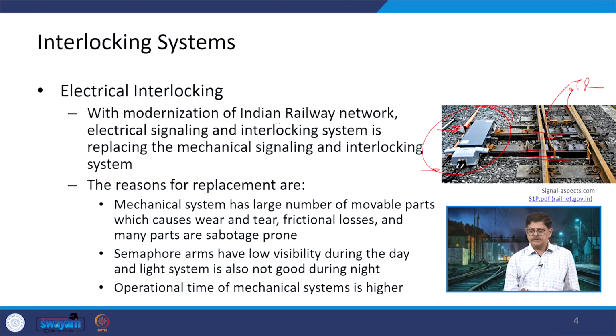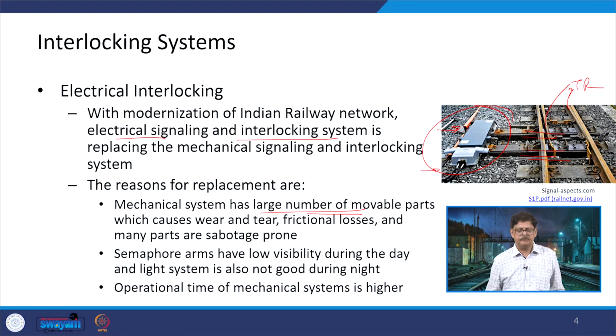Now, with modernization of the Indian railway network, electrical signaling and interlocking system is replacing the mechanical signaling and interlocking system. The reasons being, the mechanical system has a large number of movable parts, and because of so many parts there is always a possibility of something wrong happening.